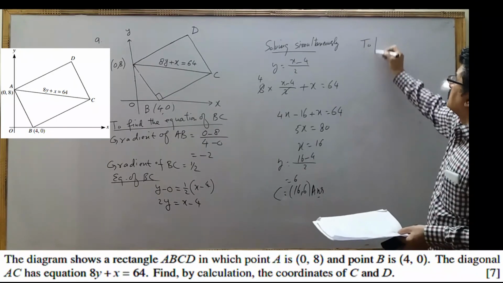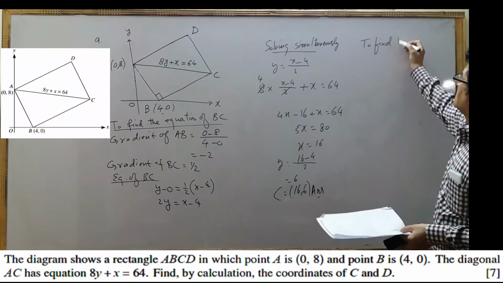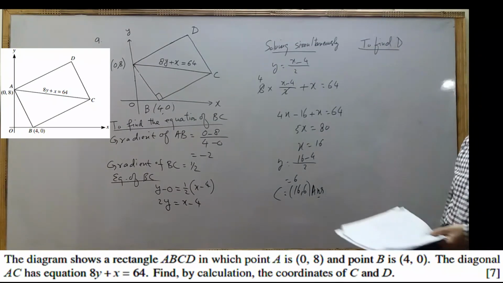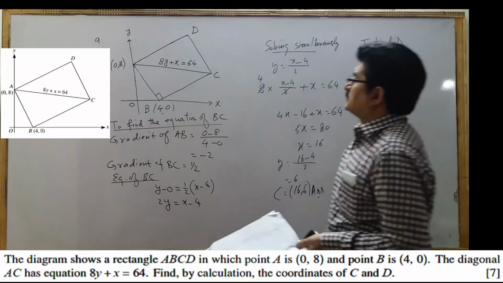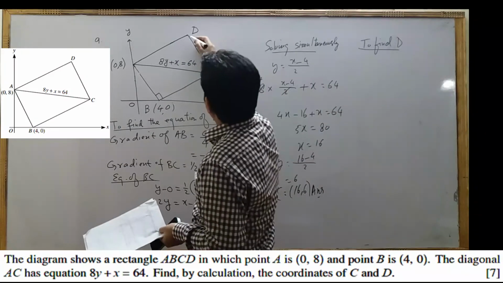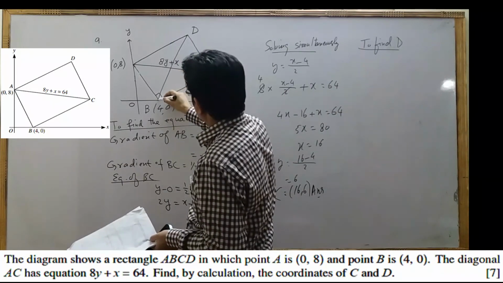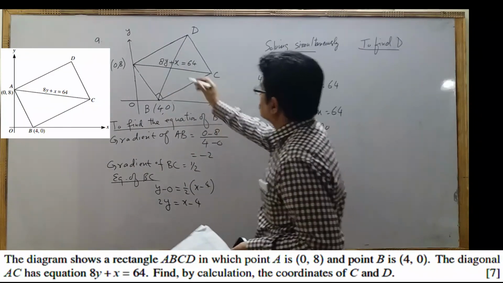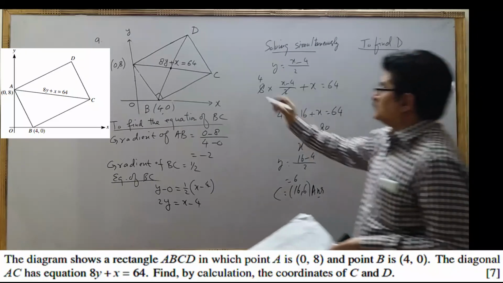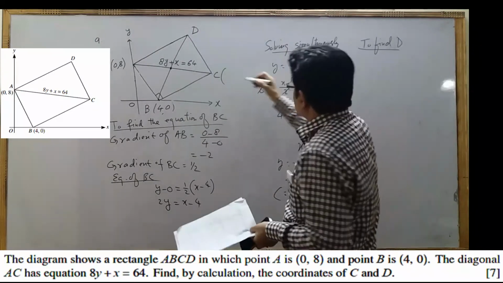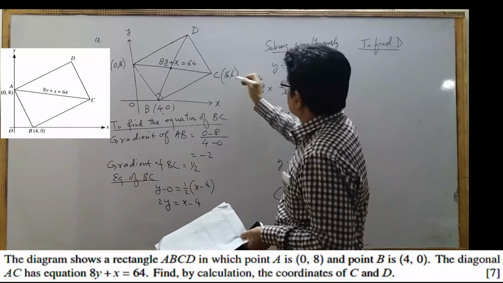Now to find D. Here we will again use the property that the diagonals bisect each other. This is the common point. You know the coordinates of C, (16, 6).